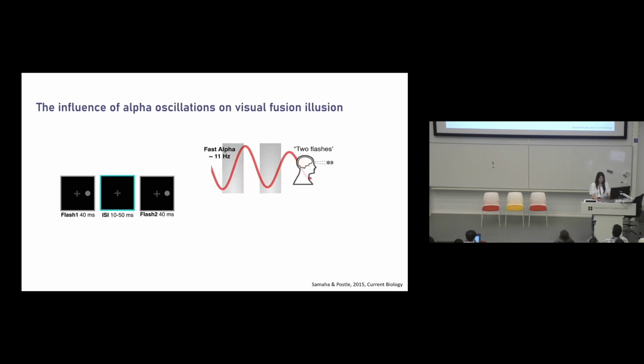They found that individuals with faster alpha frequency had the two flashes more likely aligned with two different cycles, and a high possibility of perceiving two flashes. For participants with slower alpha frequency, the two flashes more likely aligned with a single cycle, which also increased the possibility of perceiving one flash.